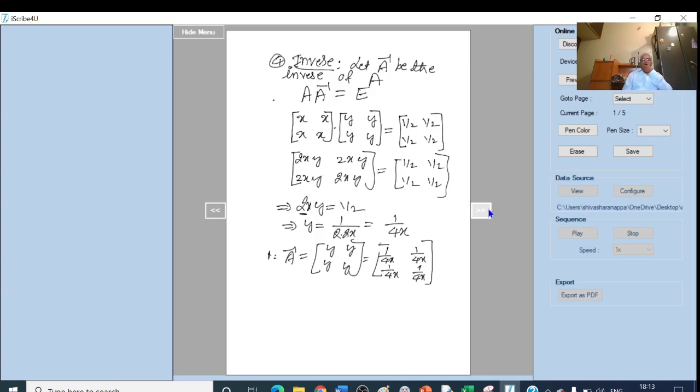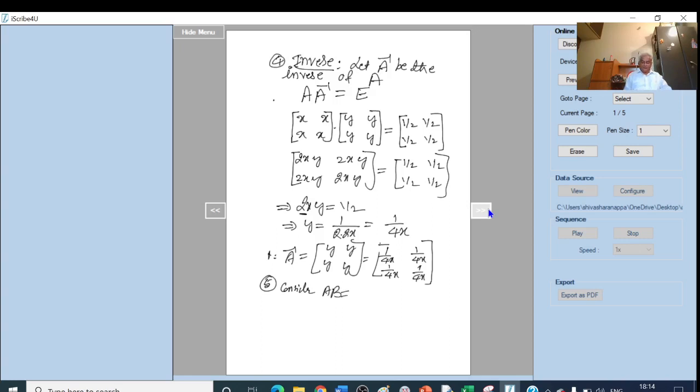And what about the commutative law? Usually commutative law is not true in matrix multiplication. That is, if A is a matrix and B is a matrix, then AB need not be equal to BA. But this is a particular one. Let me verify. Consider AB.